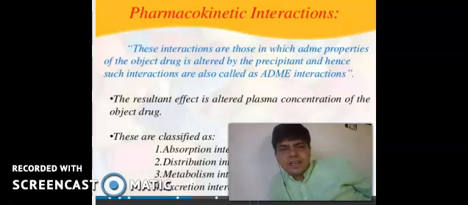In these, the ADME properties of the object drug are altered by the precipitant, hence such interactions are also called ADME interactions. The resultant effect is altered plasma concentration of the object drug.